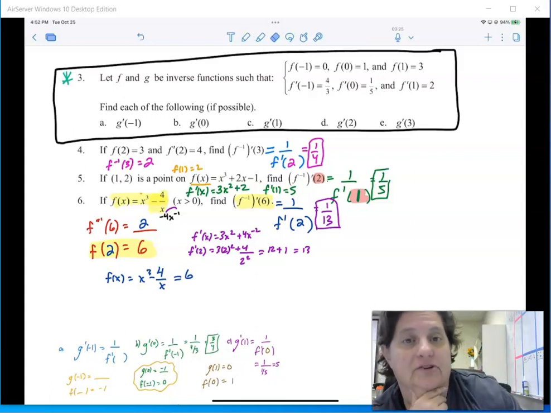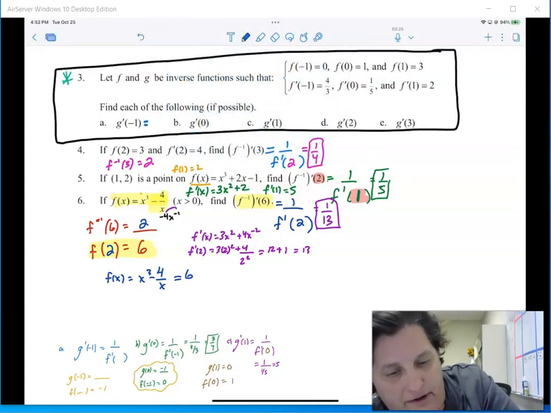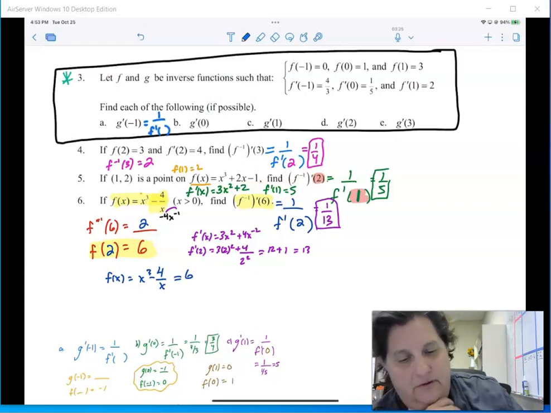All right, let f and g be inverse functions such that, and so on. Here's how I would do this. g prime of negative 1 is 1 over f prime of something.